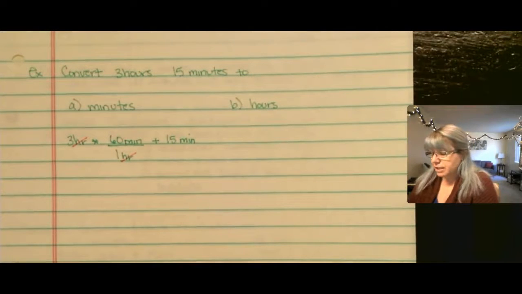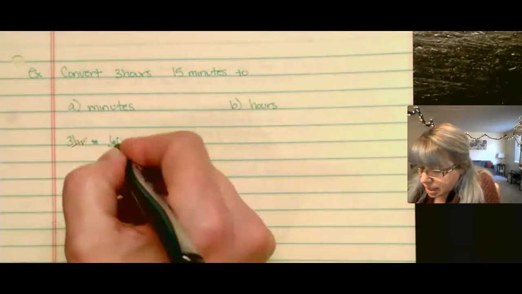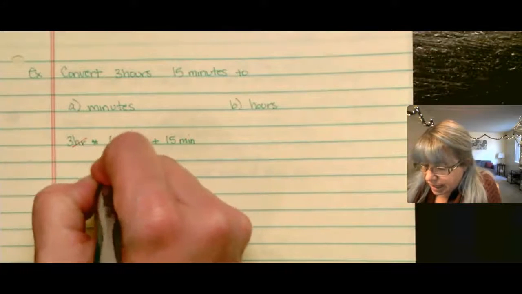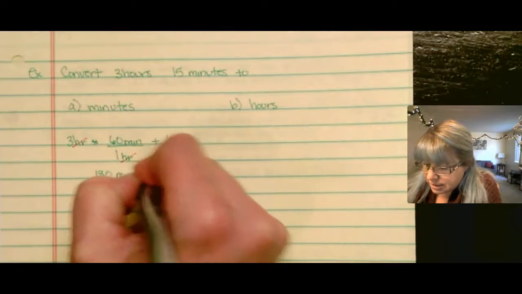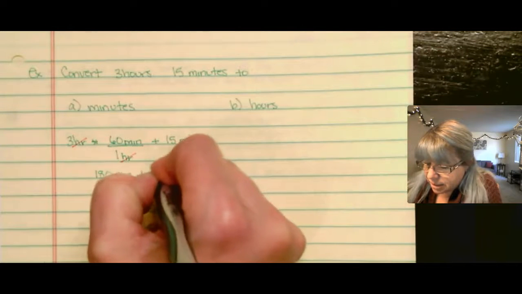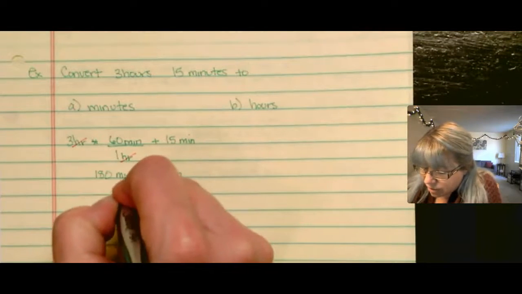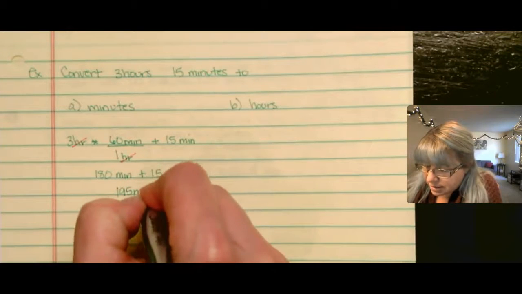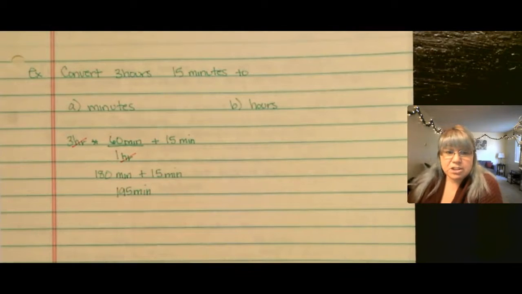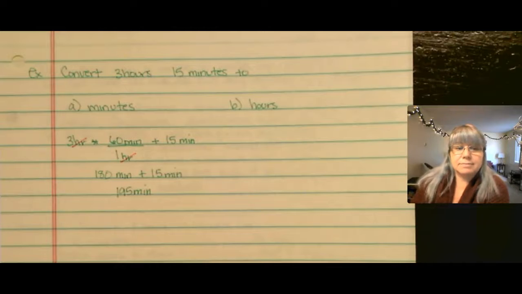And now let's convert it into minutes. 3 times 60 is 180 minutes plus 15 minutes. So that equals 195 minutes.